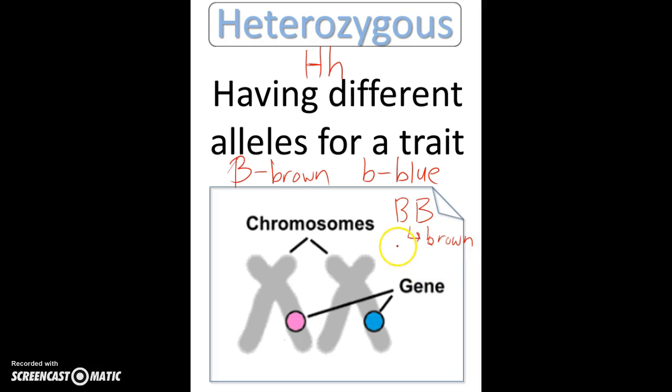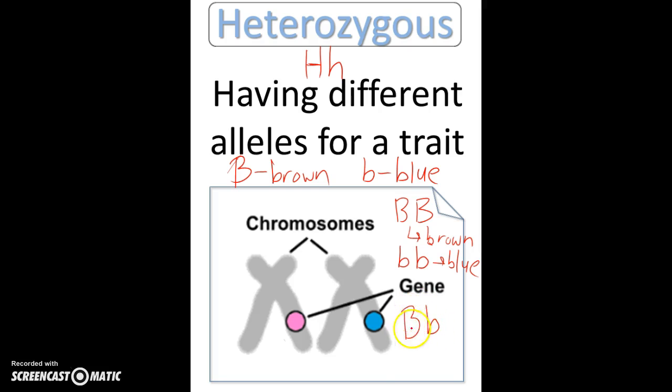Right? Let's say you have someone that has 2 little b's. Okay? So they have 2 blue-eyed alleles. That person is going to have blue eyes because they don't have any other option. They just have 2 blue alleles. This one has 2 brown alleles. They're going to be that color. Now, the trick is if you have 1 of each. The heterozygous.